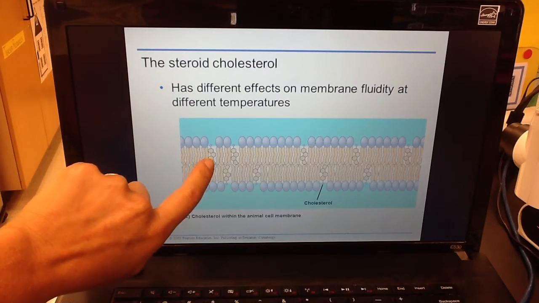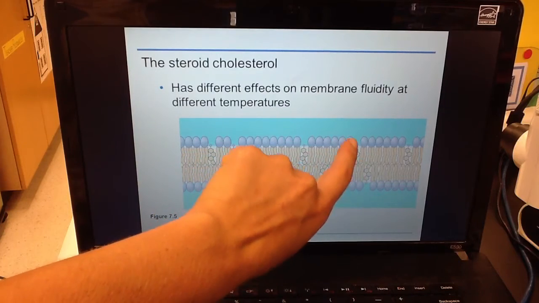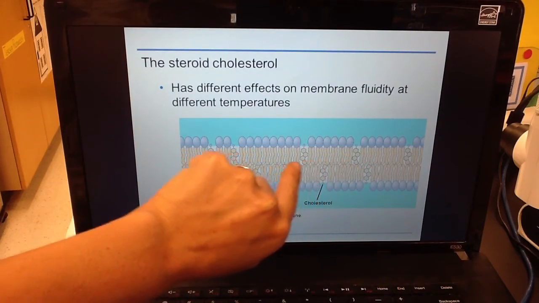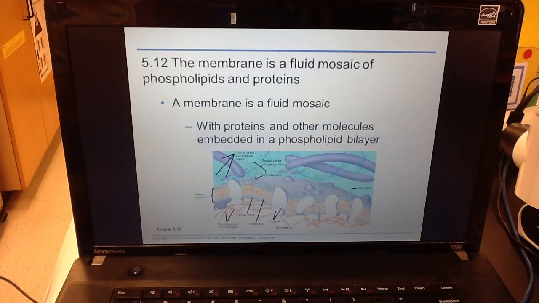Each one of these ring-like structures represents a steroid, cholesterol, and that cholesterol holds these two phospholipids together with each other so that they're less likely to move, which then makes the membrane less fluid. So it turns out that the steroid cholesterol actually has an effect on the fluidity of the membrane, and it changes depending upon the temperature at which the cell membrane is.